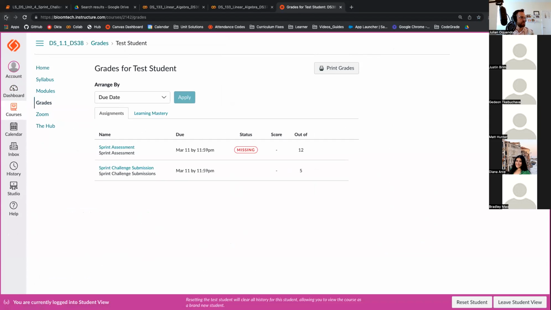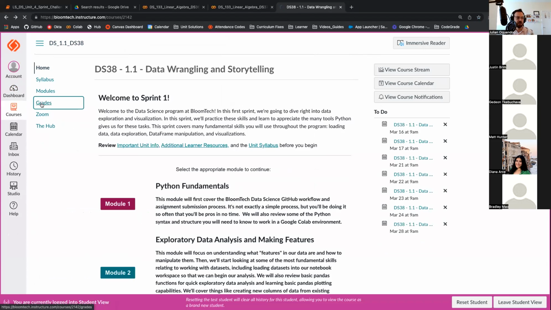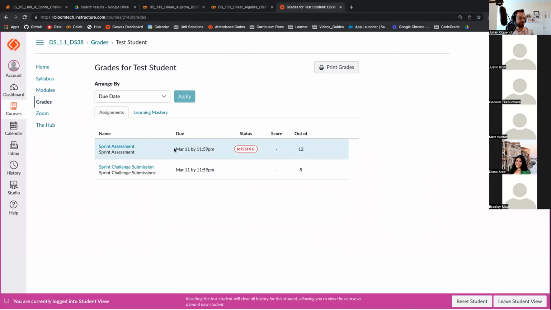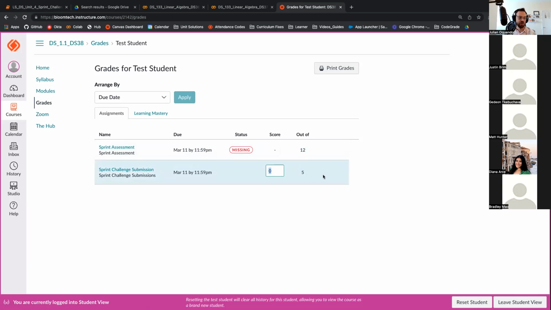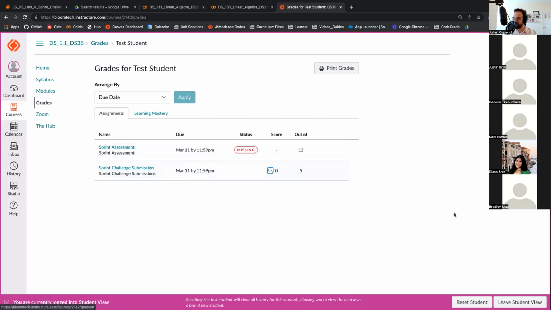You can go up to the left sidebar and click on grades. And the grades will show you, again, I'm logged on as a test student, so my material is missing. Your sprint assessment, you need to get an 80%, that's approximately 10 out of 12. And your sprint challenge, you'll see that it's listed as 5, so you want to make sure that you've got a score of 5 out of 5.